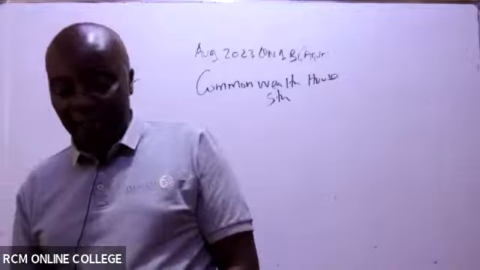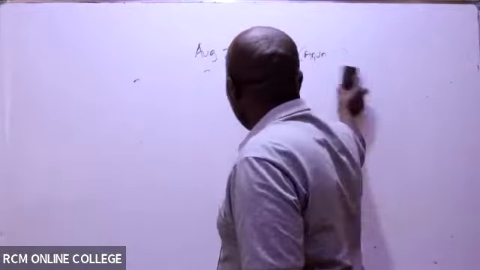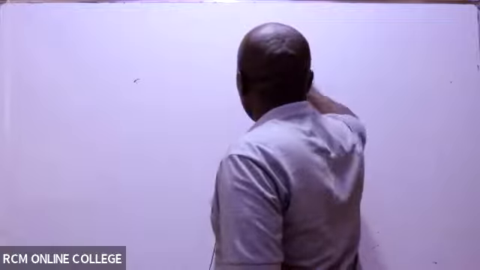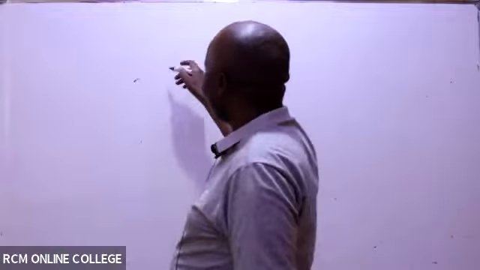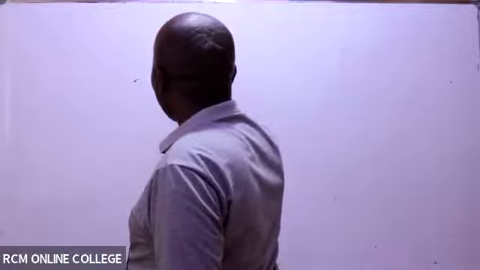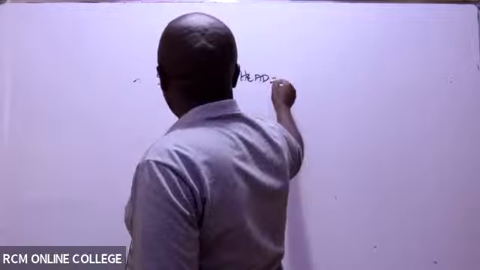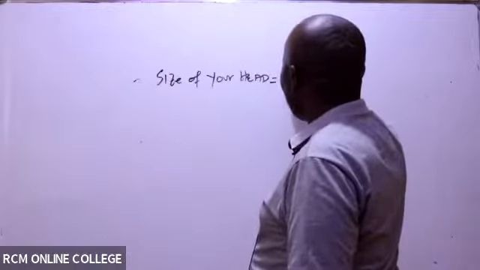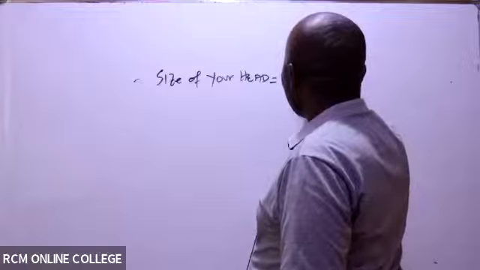So remember what I asked you when we talk about this plausibility. I asked you, ladies and gentlemen, look at this. The size of your head versus effectiveness of an accountant.